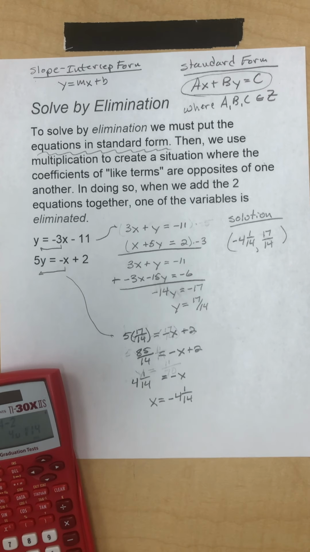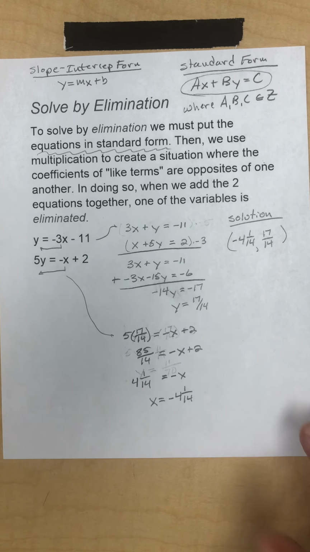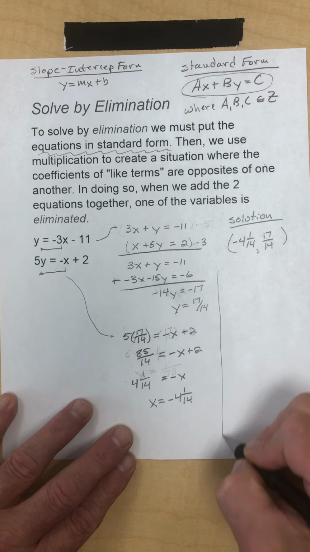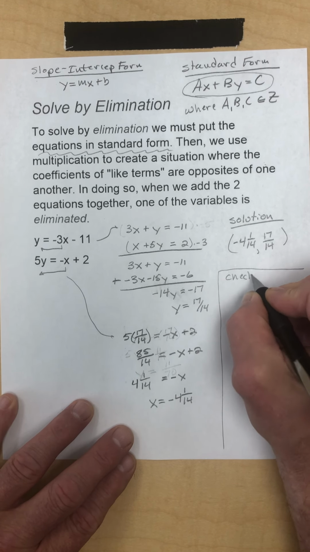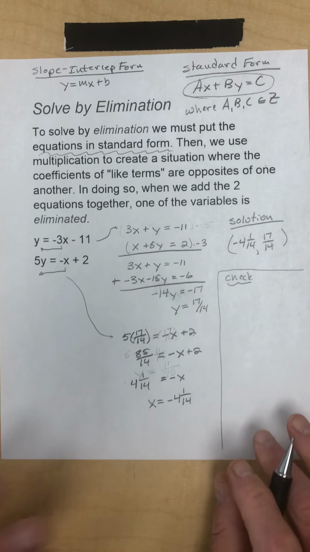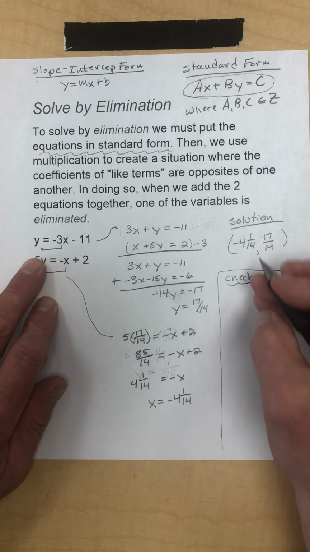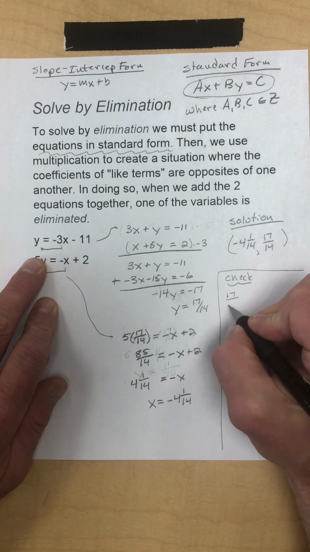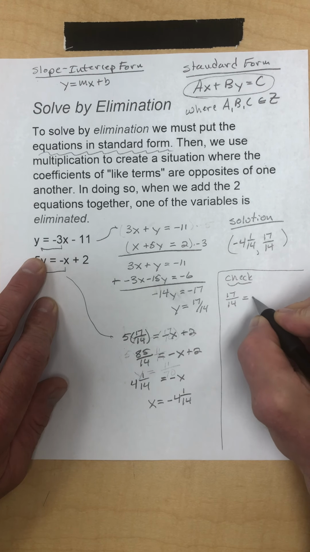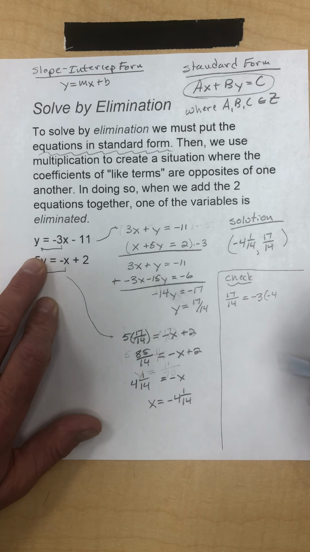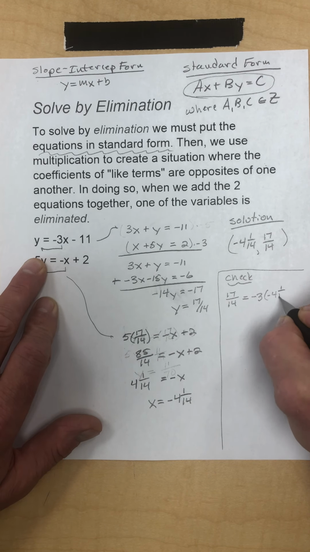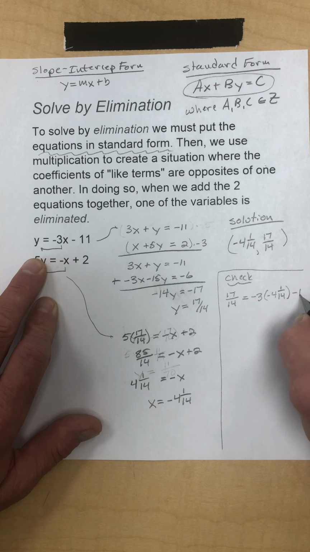Now I'm going to go back and check this one. I'm not going to check every single one of them, but mainly because I made a mistake, I want to make sure that I got it right. So here we go. We have 17/14 equals negative 3 times negative 4 and 1/14 minus 11.